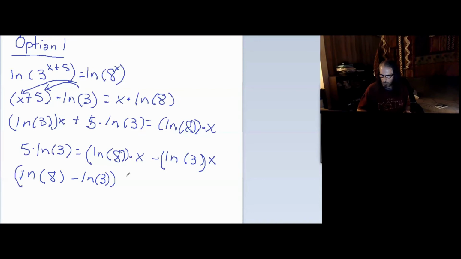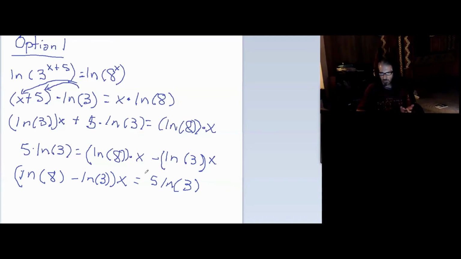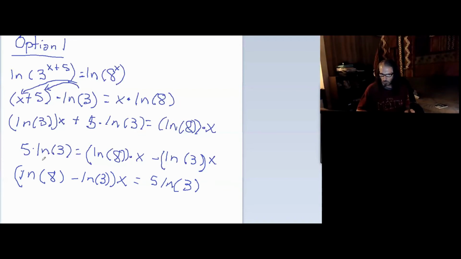Factor that x out. And then whatever that mess is times x, it's just a number. So divide both sides by that to get x alone.